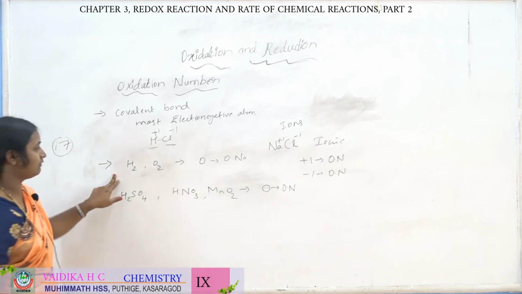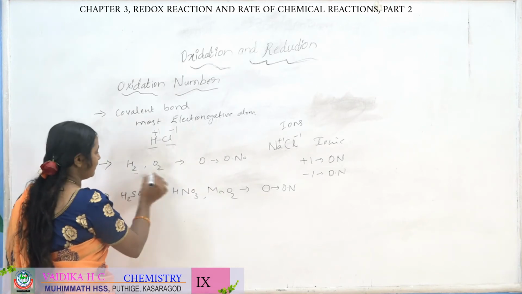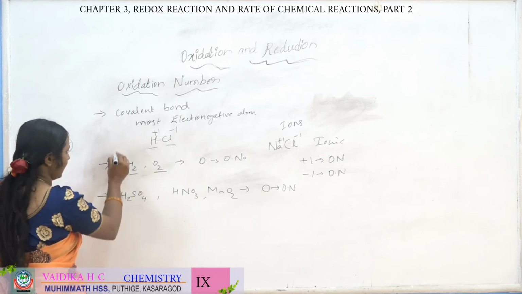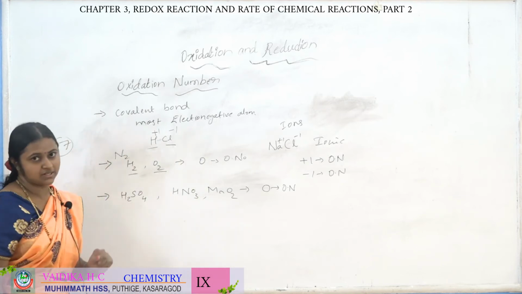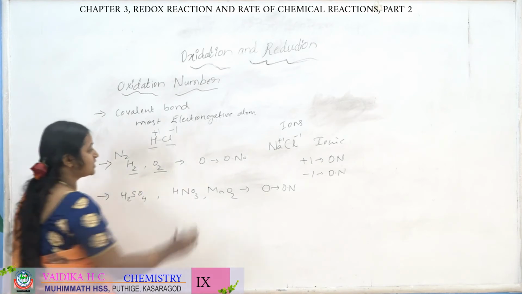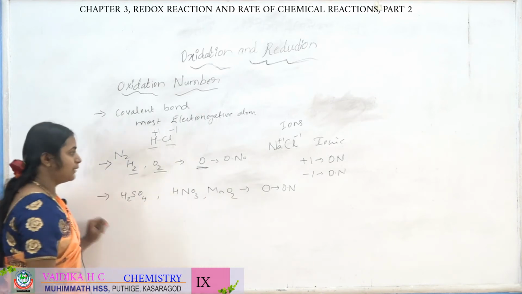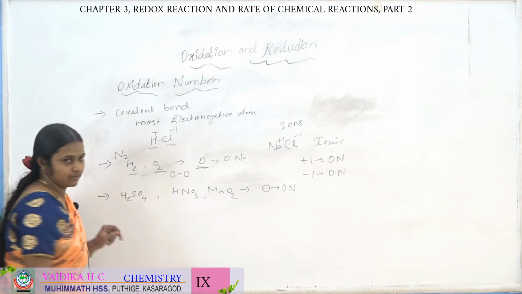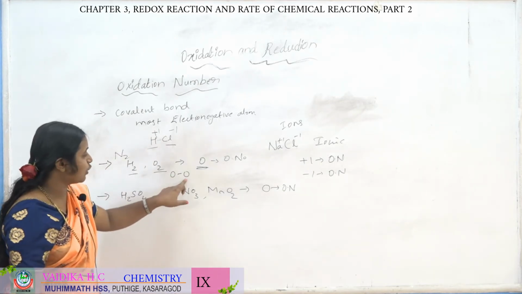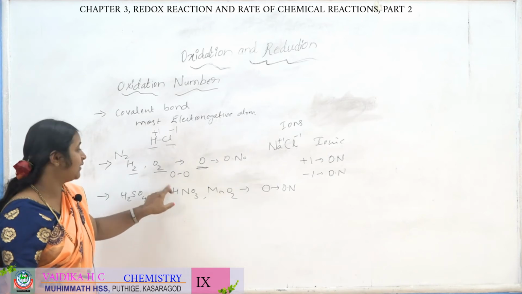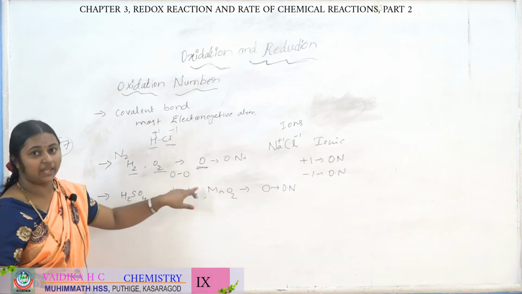Another one: some atoms will be in molecule form, right? H2, O2 or N2. These are some examples. So in that, what is the oxidation number? The oxidation number will be 0, because in the O2 molecule 2 oxygen atoms are there, but these oxygen atoms are not ions, they are in the atom form itself.